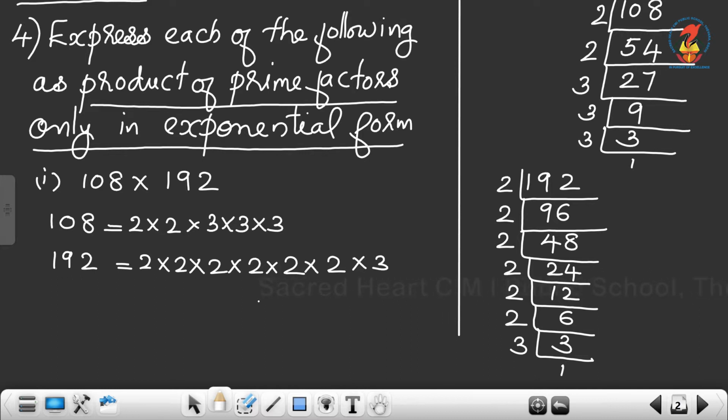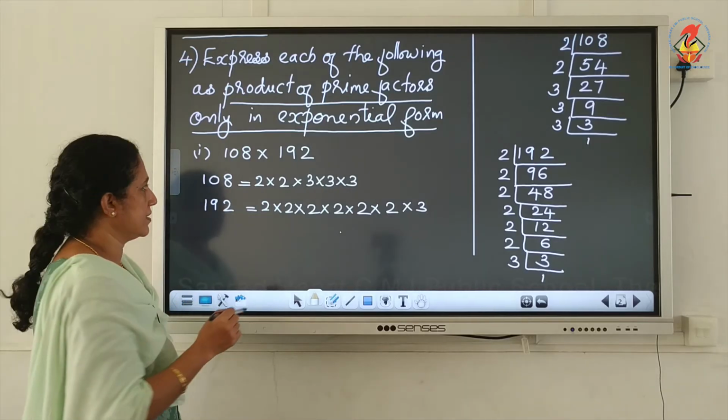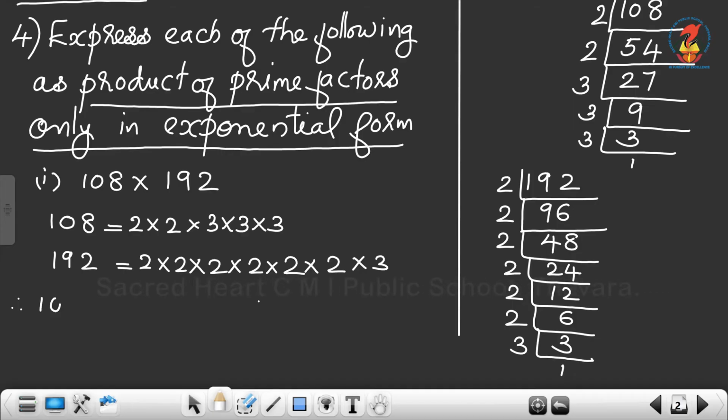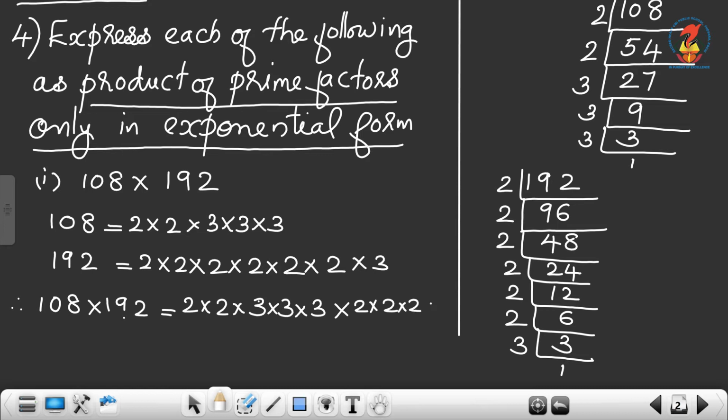So we expressed each number as a product of prime factors. Therefore, 108 into 192 is equal to the factors of 108, 2 into 2 into 3 into 3 into 3, into the factors of 192, 2 into 2 into 2 into 2 into 2 into 2 into 3.